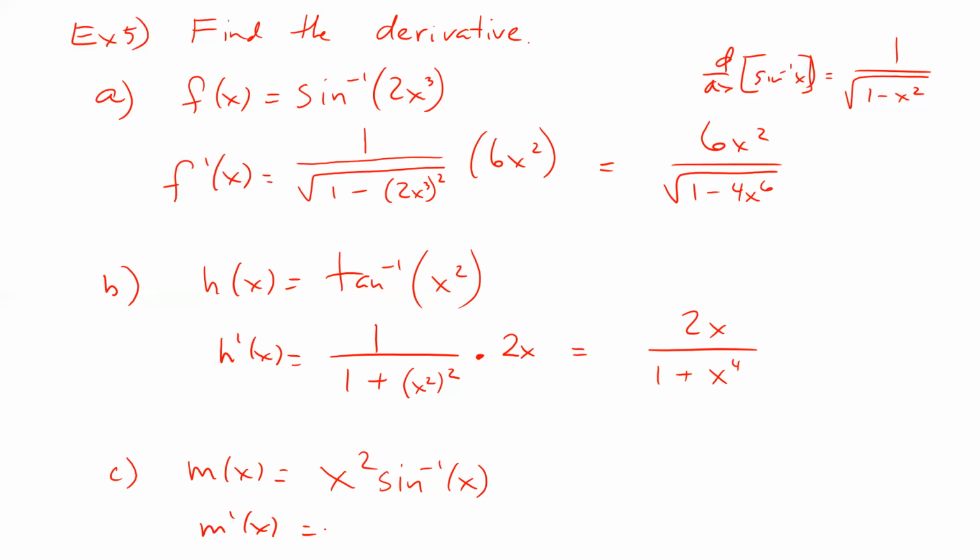Okay, so this is a product rule, right? So it's going to be the derivative of the first. So everybody okay with 2x? The second is just going to be exactly how it is. There's no change there, plus the derivative of the second. It's just messy.